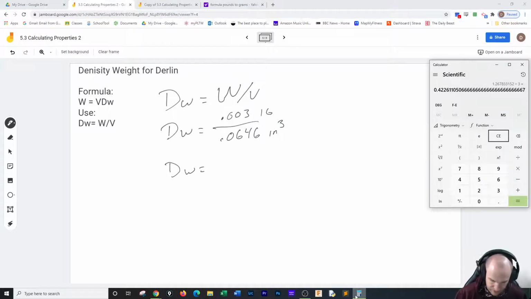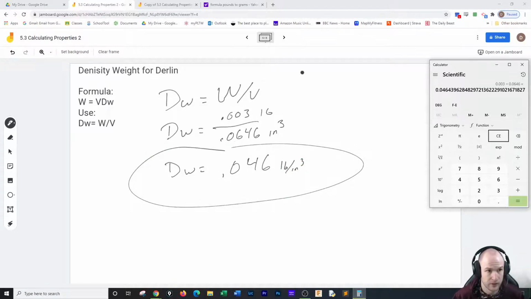If I pop that into the calculator, 0.003 divided by 0.0646, enter, and I get an answer of 0.046 pounds per inches cubed for my units. So there we go on that one.